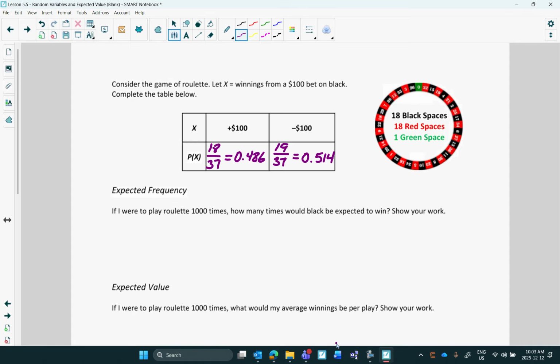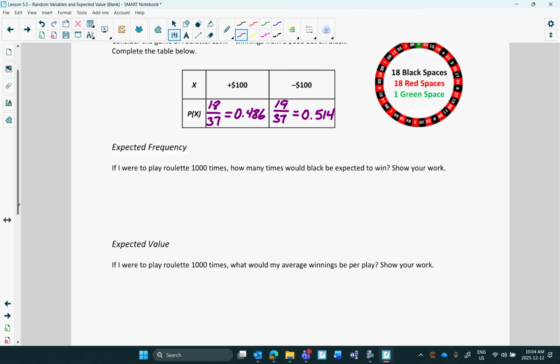All right, talking about expected frequency and expected value. Normally you don't just play once, you play many times. This is a little ridiculous, but if you were to play 1,000 times, how many times would black be expected to win? How would you find that?